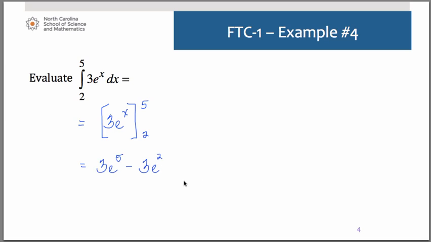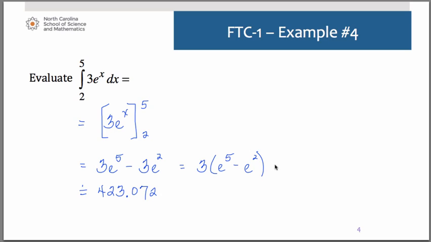You could easily leave that as your answer. If you want, you could factor out the 3 as the greatest common factor. You could even obtain a decimal answer, an approximation if you want. The approximation is pretty large. It's 423.072. Were this a non-calculator part of the AP exam, of course they would leave the answer in exact terms in terms of e.